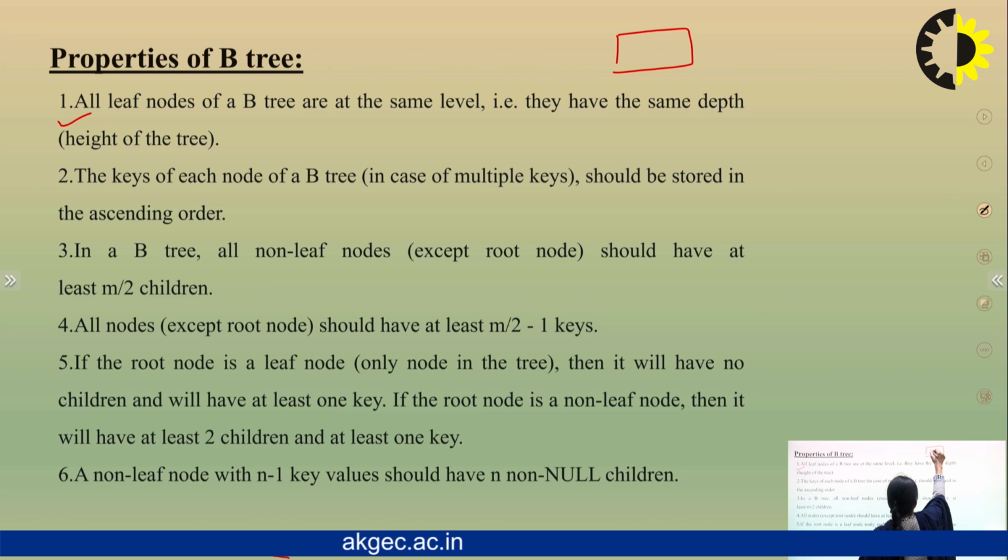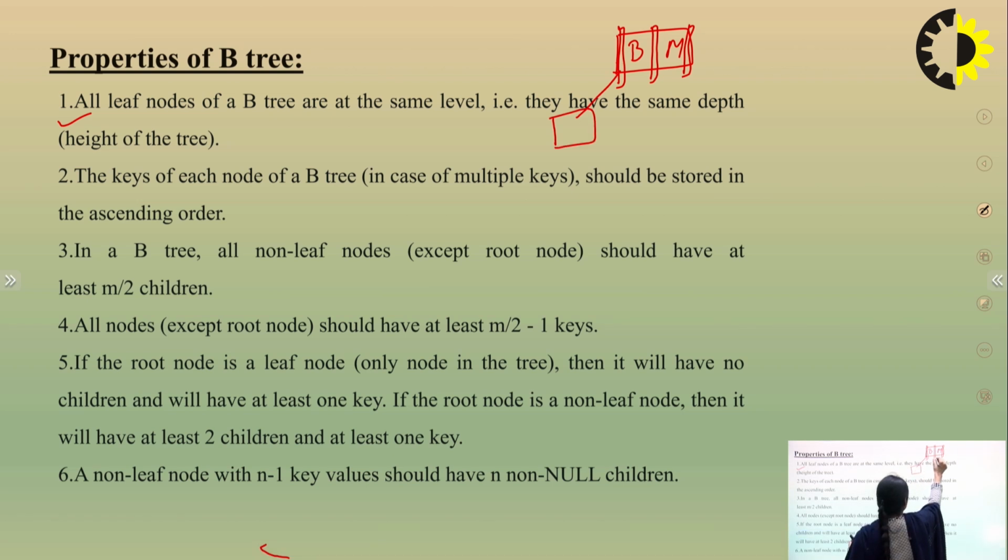Suppose we have 2 key values, B and M. This will be a pointer, and this one. There are 3 children.